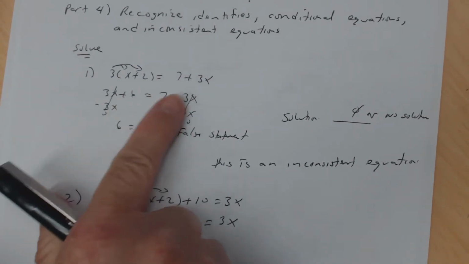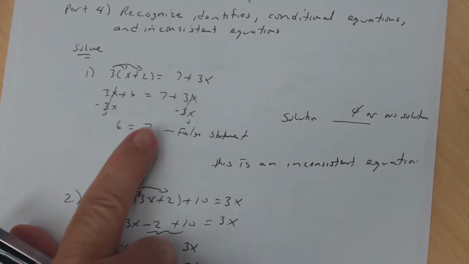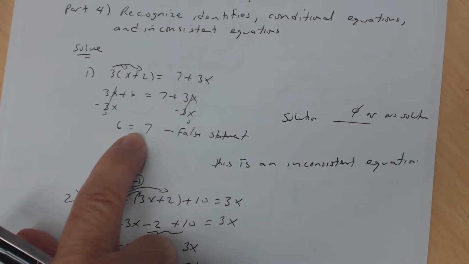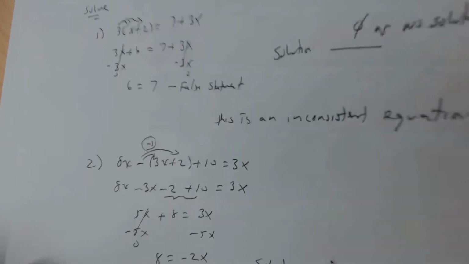So again, if you solve this equation and the variables disappear, and you end up with a false statement, then you say no solution, and it's inconsistent.